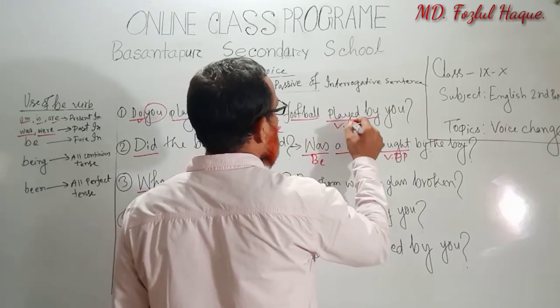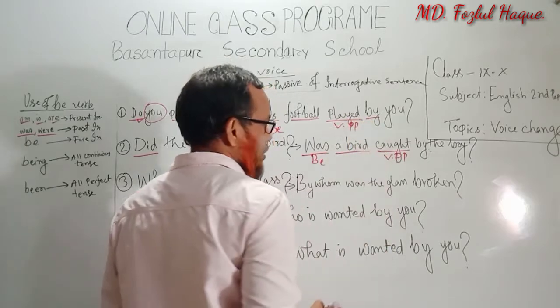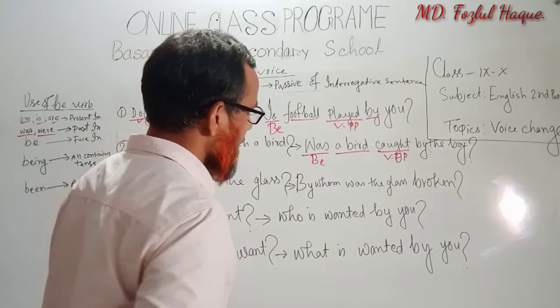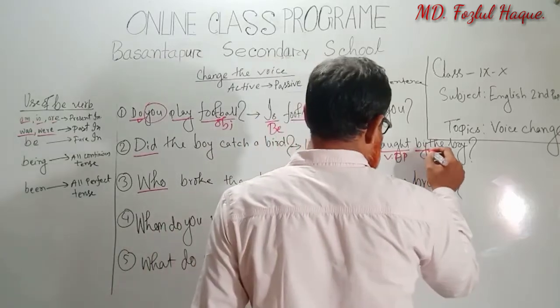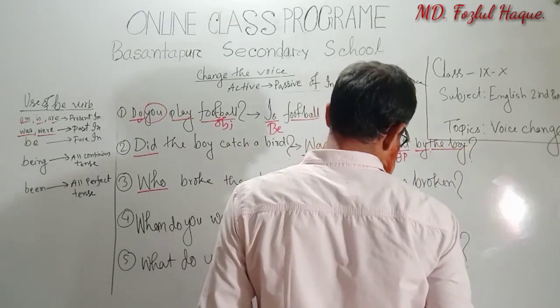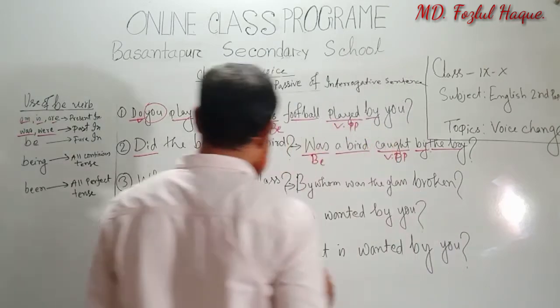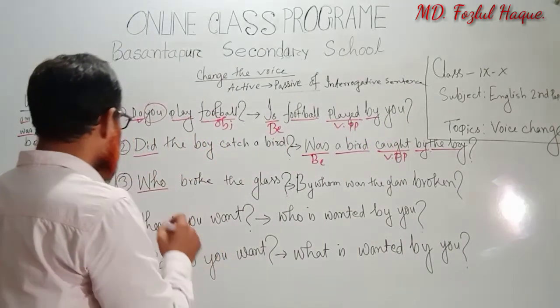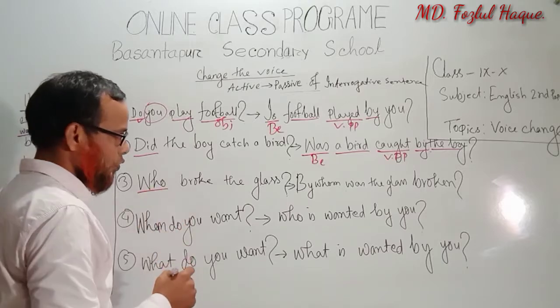Verb pp is important to make passive, and then just an additional preposition, then the subject of the active voice. Then the next rule: who.